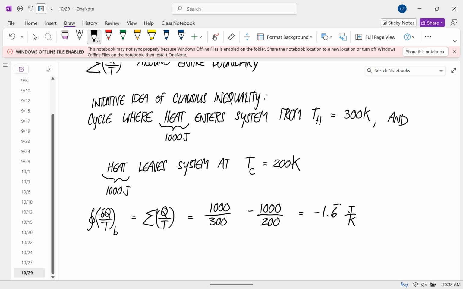Okay. So for this cycle, you can see that in order for it to obey the rule that heat only spontaneously moves from high to low temperature, you have this effect of this integral coming out to be negative.